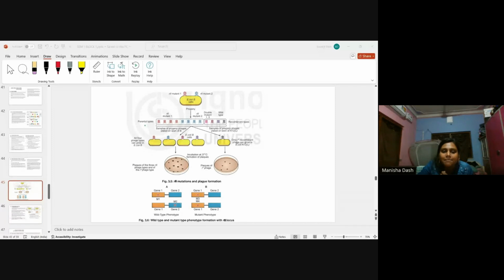So the wild type bacteriophage that has the normal gene forms very small plaques like this. The plaques are not clear because it cannot lyse the bacteria completely. But if there is a mutation in the gene that is responsible for lysing the bacteria, then you will have large plaques like this, and the plaques will be very clear or transparent.